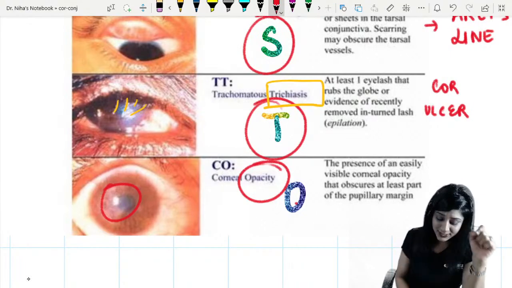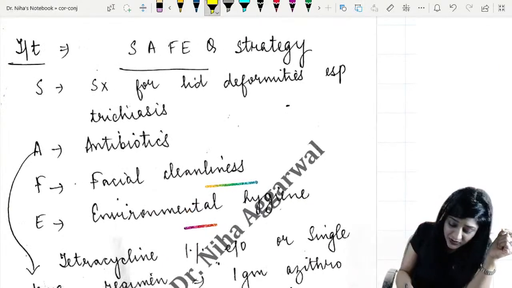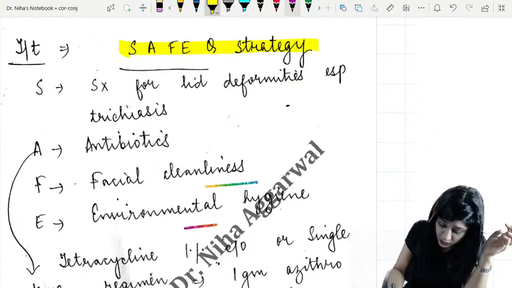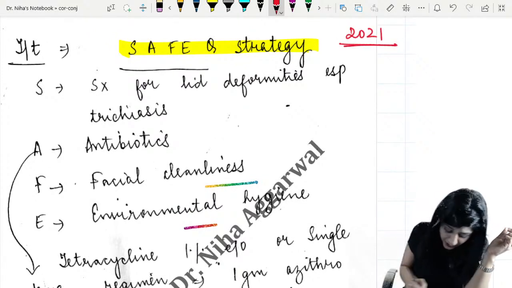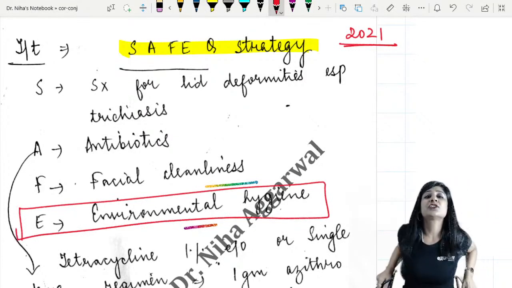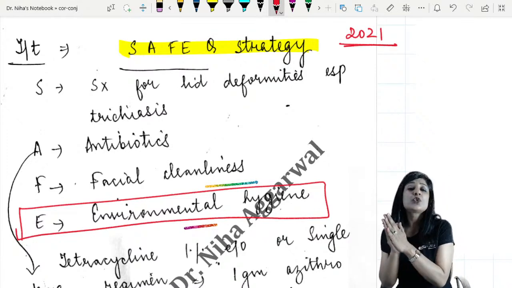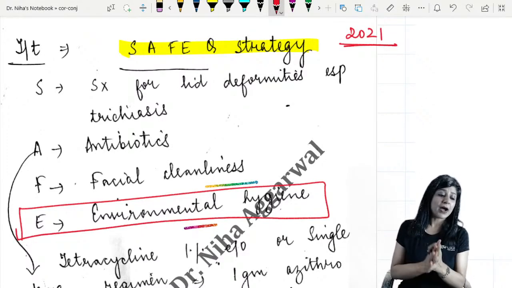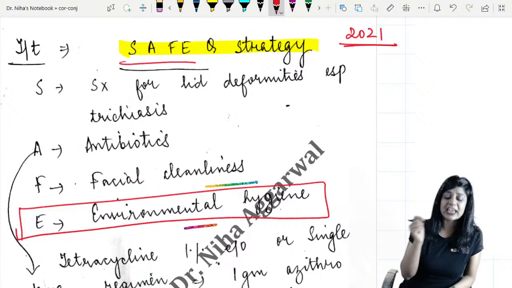Very, very important. Another important aspect is the SAFE strategy. Recently there was a question on this in 2021 also, where they had changed this E and had asked which of the following is not correct. So this SAFE strategy, which is the rural part, the PSM part of the trachoma, again very, very important, we are following the SAFE strategy.